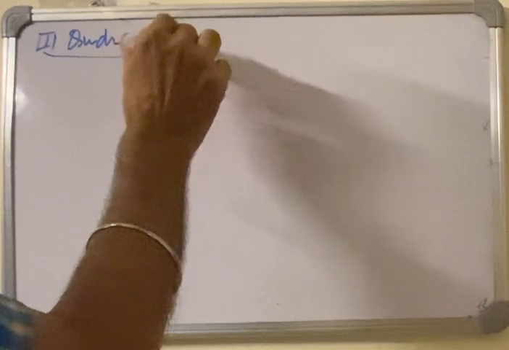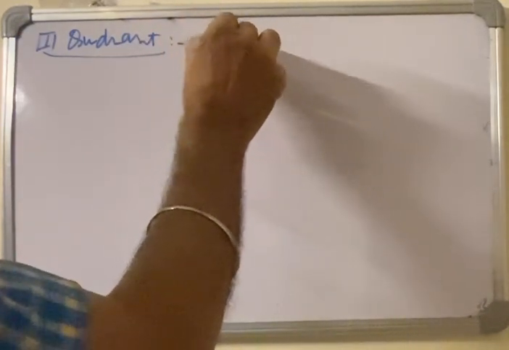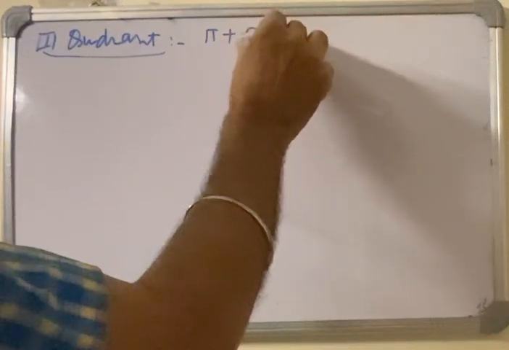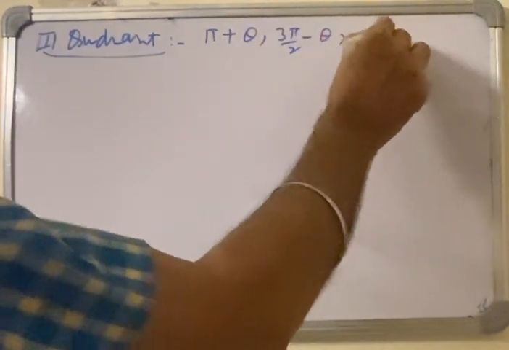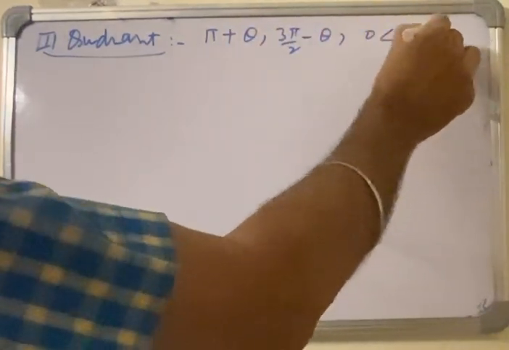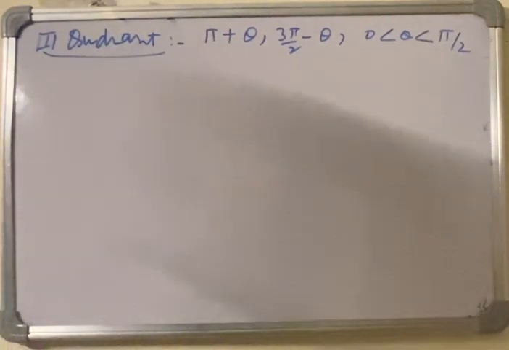In this quadrant, we are taking angles pi plus theta and 3 pi by 2 minus theta, where theta is between 0 and pi by 2. Pi is 180 degree and 3 pi by 2 is 270 degree.